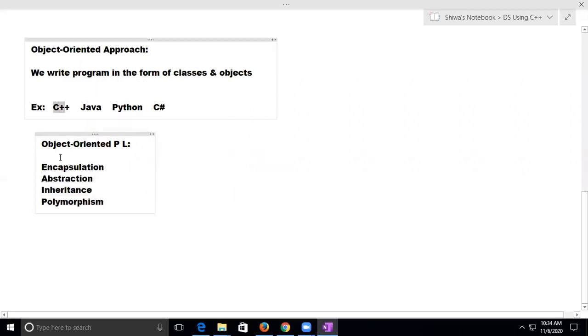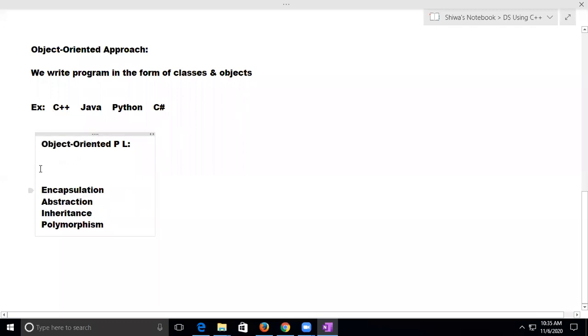So C++ supports all these four concepts, so C++ is an object oriented programming language. Java, Python, C# also support all these four concepts, so those are also object oriented programming languages. The language must support encapsulation, abstraction, inheritance, and polymorphism. Then only we can call that language an object oriented programming language. Otherwise, you cannot say that.